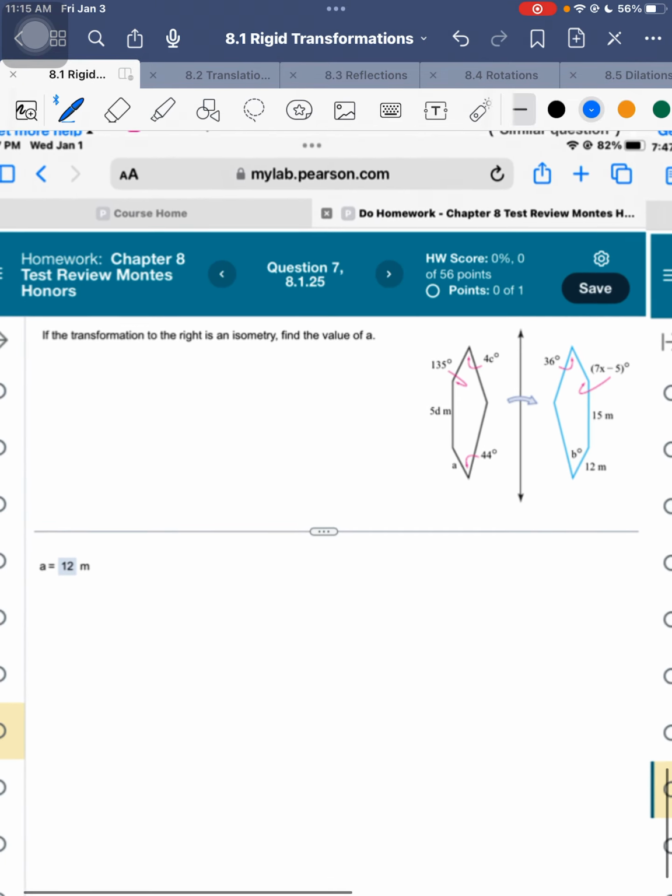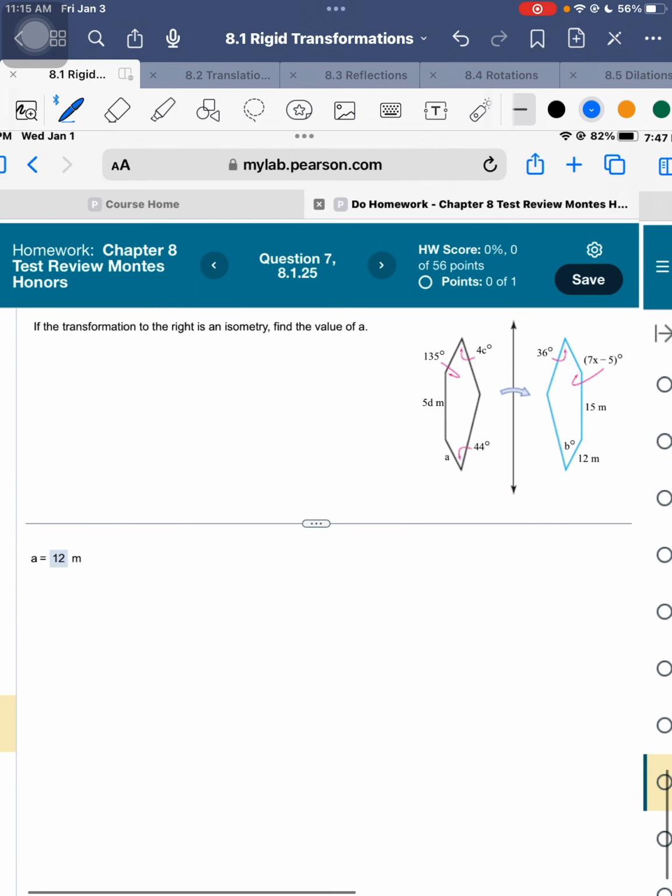This one. If the transformation to the right is an isometry, find the value of A. Well, we just talked about this. This is obviously a reflection that's happening. This is a reflection, so that means this is going to turn into that, but it's going to flip. So that means this is going to be equivalent to this.